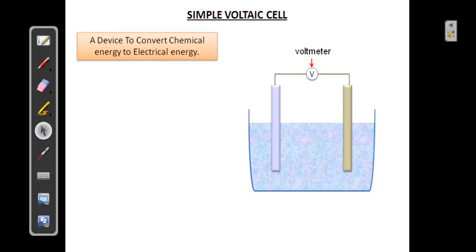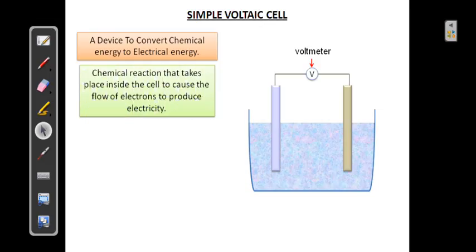You see the difference? Whereas the electrolytic cell converts electrical energy into chemical energy, the voltaic cell is the opposite, that is, it converts chemical energy to electrical energy. That's the difference. And a chemical reaction takes place inside the cell to cause the flow of electrons to produce electricity. That is what happens in a cell.